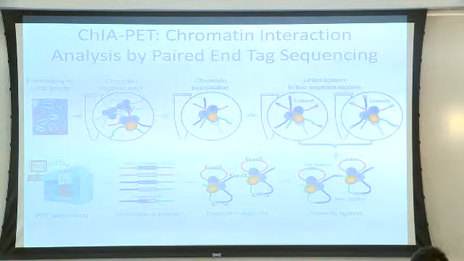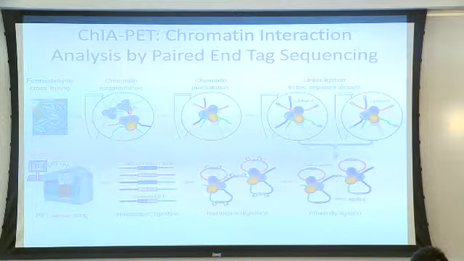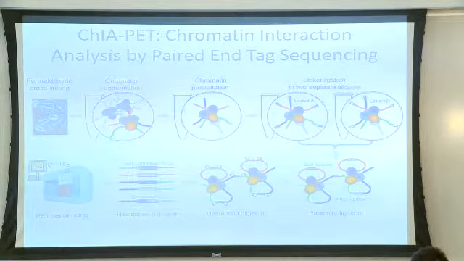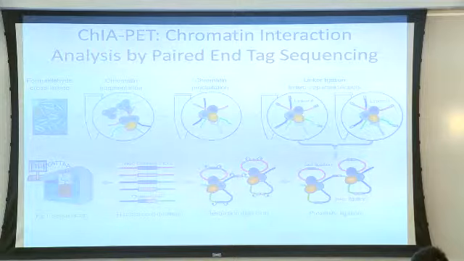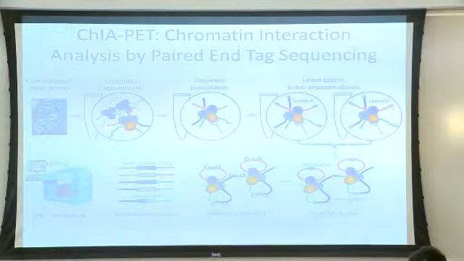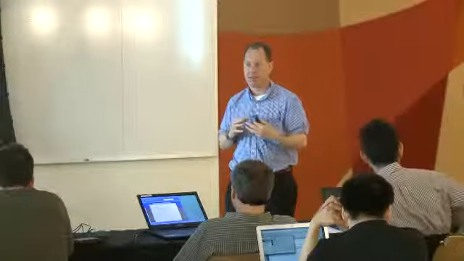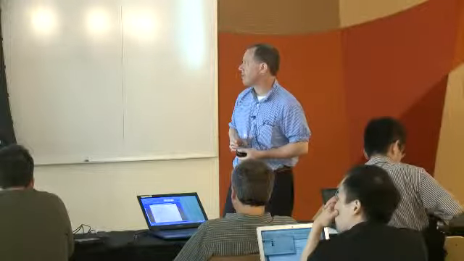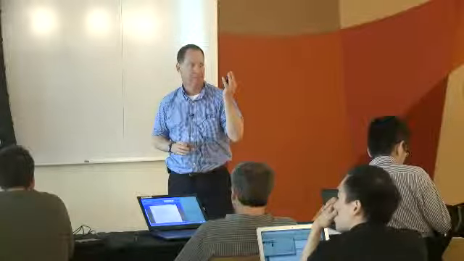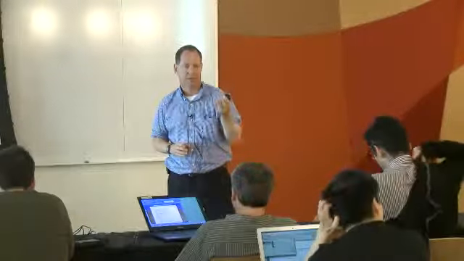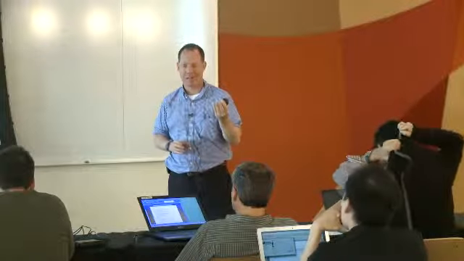So this is a method that is used to look at the proximity of specific chromatin fragments in a cross-linked chromatin complex. And it's given some insight into, I suppose it would be called, the quaternary structure of chromosomes in a living cell.